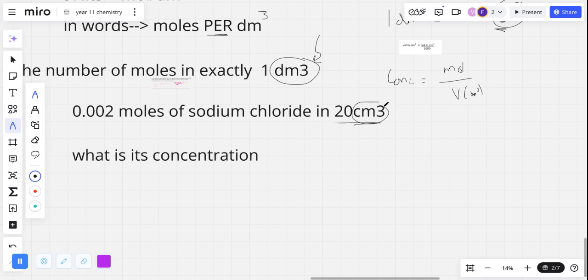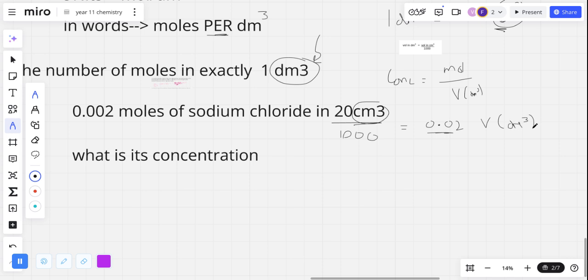This is cm³, it's not dm³. I'm being asked for concentration. I'm going to divide that by 1,000 first. That's the first thing I'm going to do, even before I start laying things out. 0.02. Do not do it like me in your head. Use a calculator. So this is my volume in dm³. Now I'm a happy man.